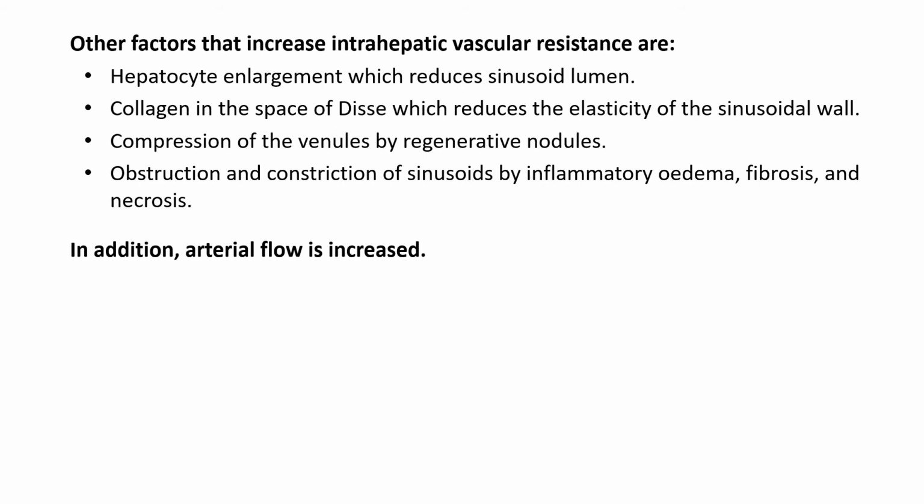Another problem we have, so this is about outflow that we've been talking about, this vasoconstriction of the sinusoids, the mechanical obstruction of the sinusoids, is all going to reduce the outflow of venous blood arriving at the liver via the hepatic portal system. But we've got an additional problem.